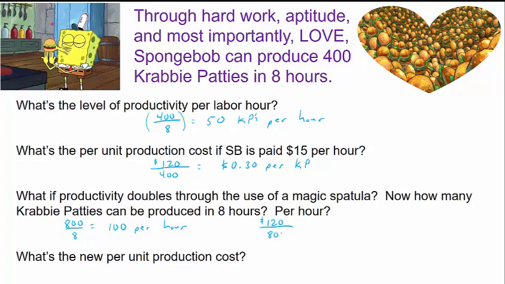But now he's making 800 Krabby Patties, so the cost per Krabby Patty dropped to 15 cents per Krabby Patty. Okay? That's that answer. So that's kind of a big deal, right? Increases in productivity do decrease prices, and that is why the aggregate supply curve shifts to the right.